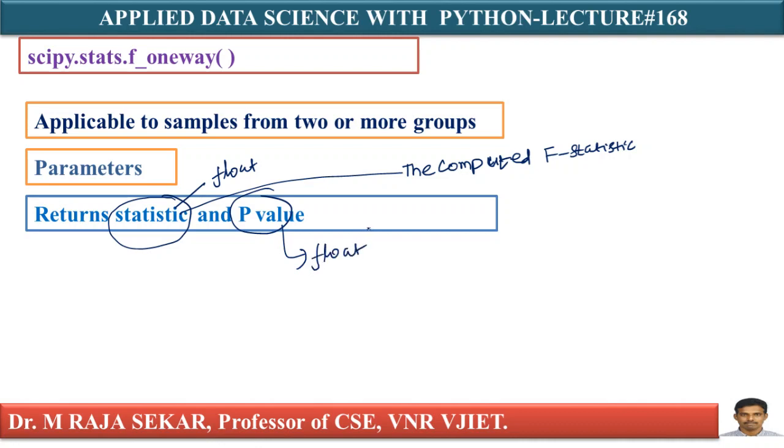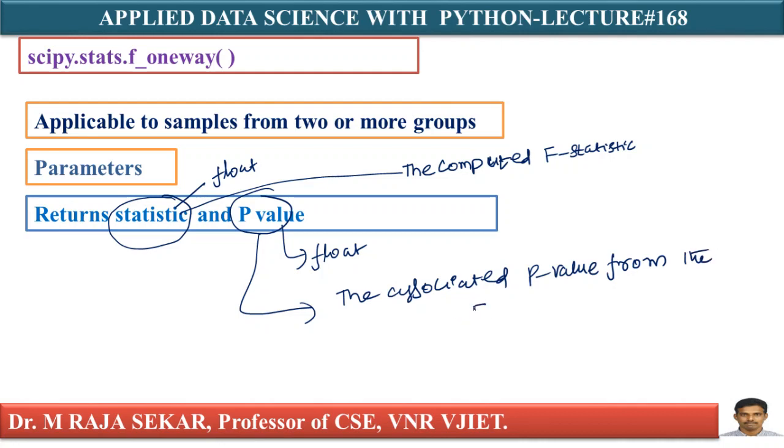It gives the associated p-value from the F distribution.